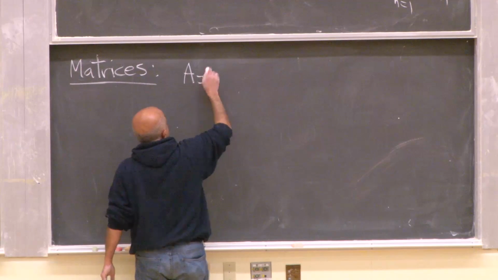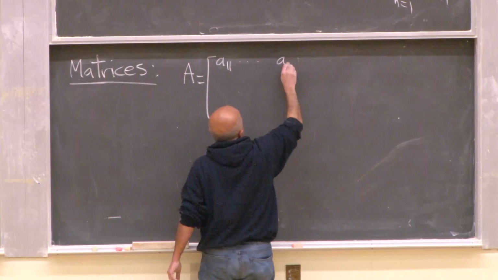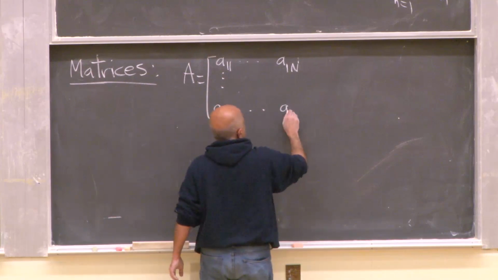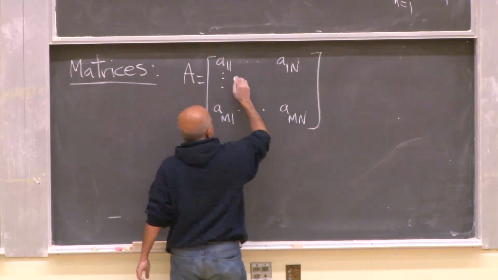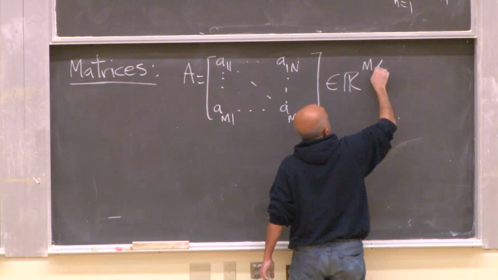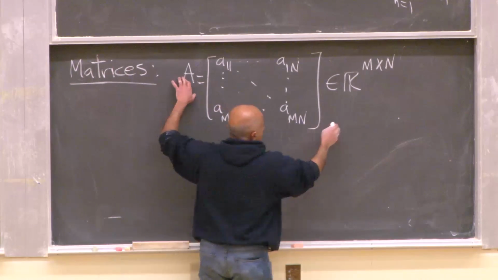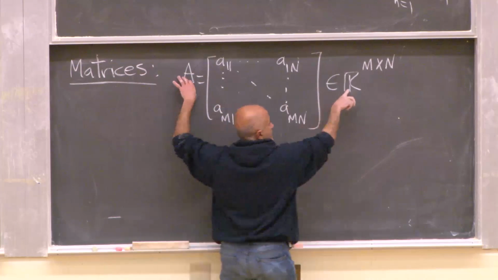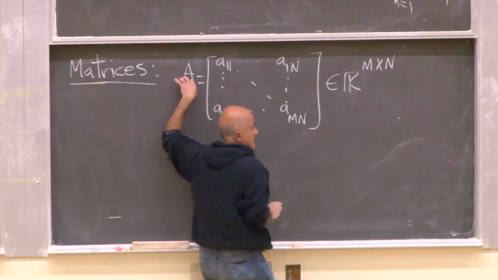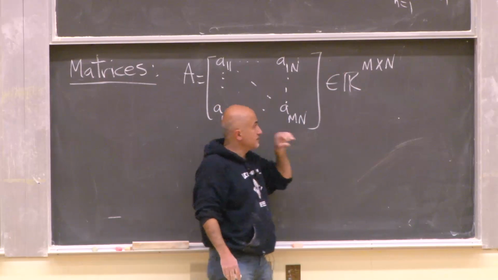So a matrix A is typically a rectangular array of numbers, where if all the entries are real, then I'm going to use real here. If there's at least one entry that's complex, I'm going to use complex. Again, in this class, we're going to deal almost exclusively, if not exclusively, with real matrices.